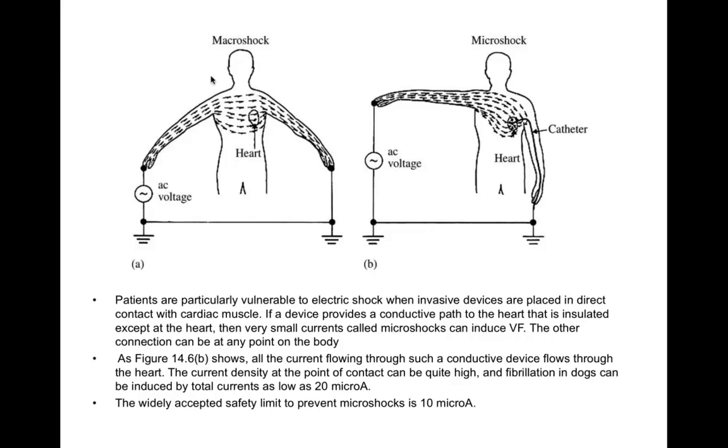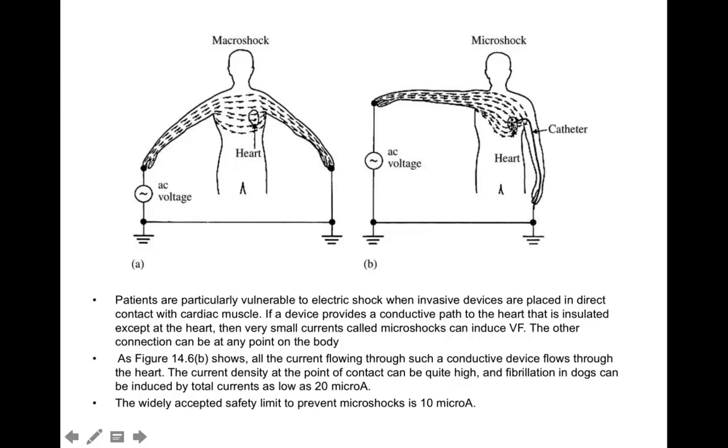So you can see the difference in the macro shock, external to the body, current spreads out, is very diffuse in the body, and there's a large voltage drop at the skin, large resistance at the skin, which reduces the current. Versus the micro shock, where right at the catheter tip, or right at whatever the device is, right at the point of contact is where all of the current's present. Current density is very high at this point.